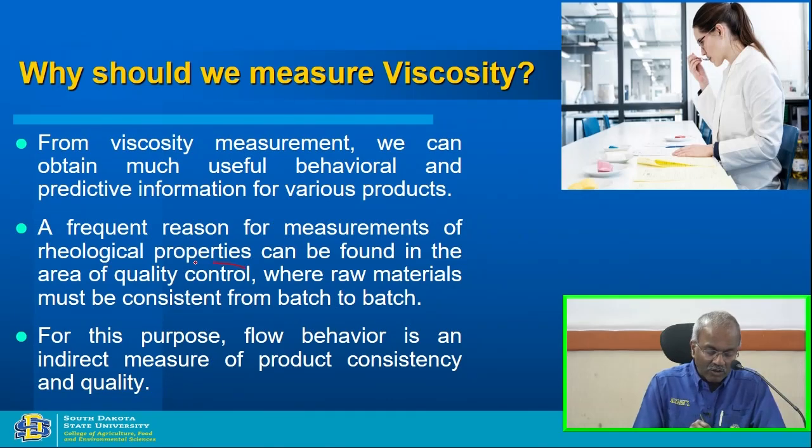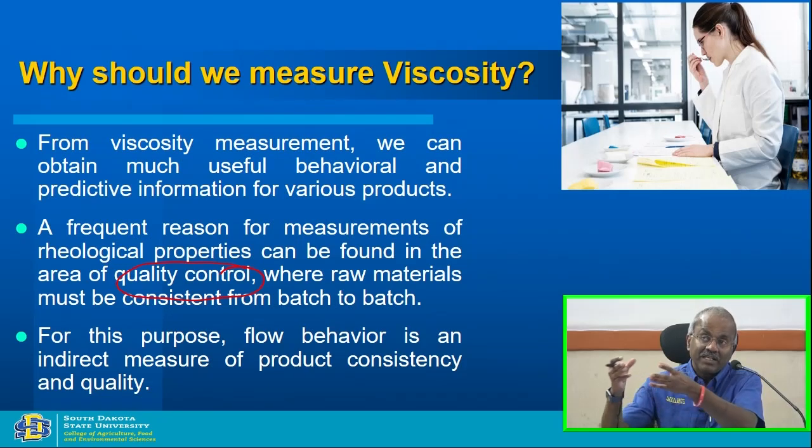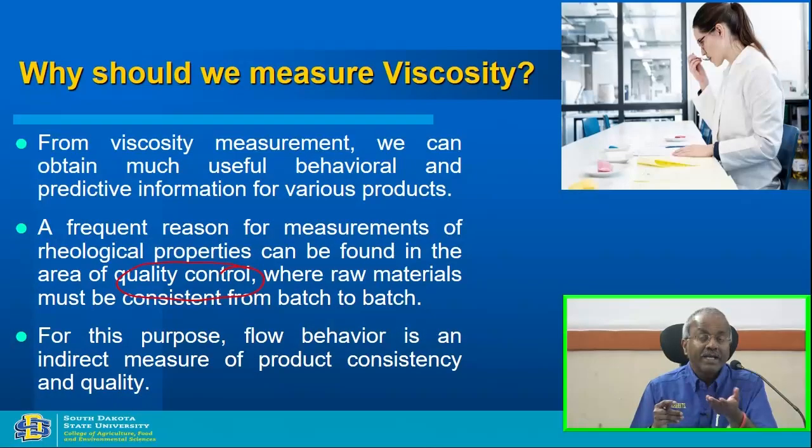In terms of quality control, viscosity plays a big role also. Like texture, viscosity plays a big role. And viscosity will dictate the raw material selection, because whatever you put in to make your product will dictate how the viscosity behaves, or what kind of measurement you are going to make. And that is very important for the food industry. Exactly, yeah.